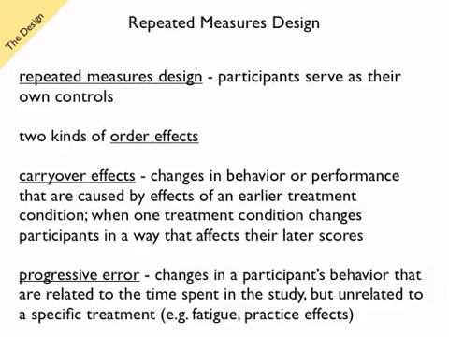So these are disadvantages to the repeated measures design. Overwhelmingly, the main advantage of the repeated measures design is its sensitivity, and I do want to bring this up once more.